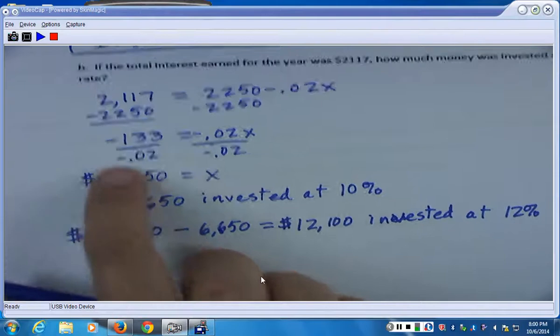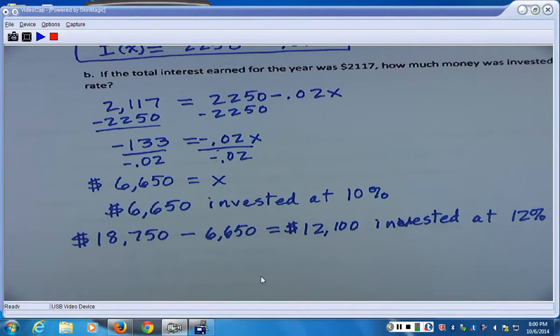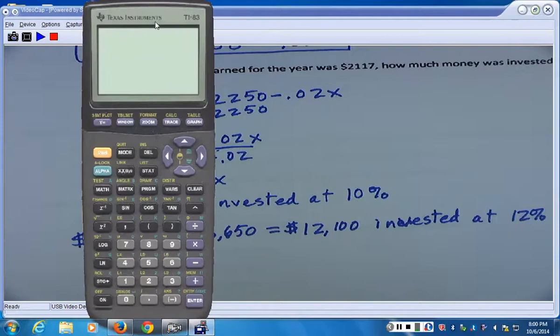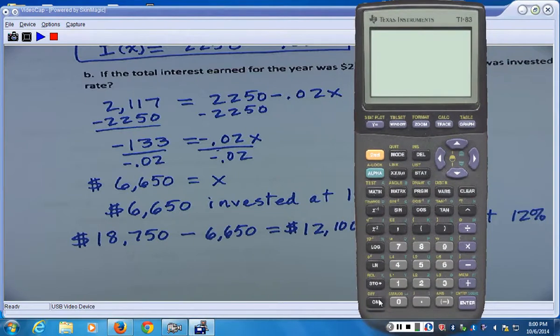And I didn't do this. I had already figured these out, but we could take the 2117 minus 2250, and then divide that by negative 0.02, and get 6,650.